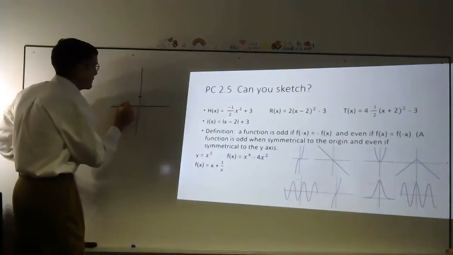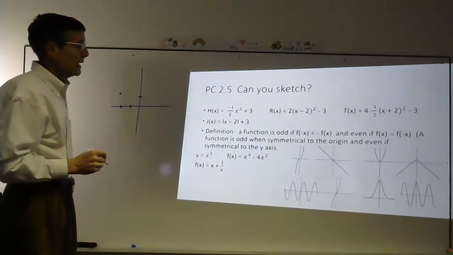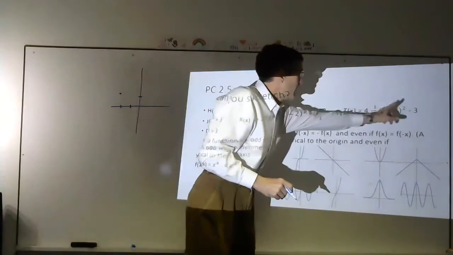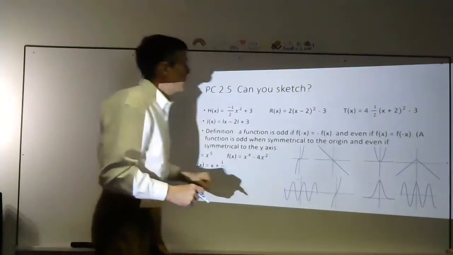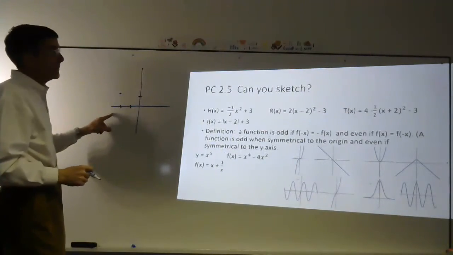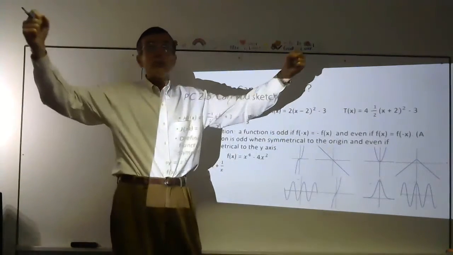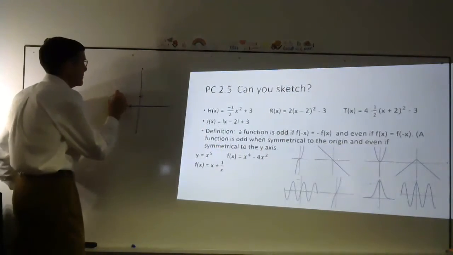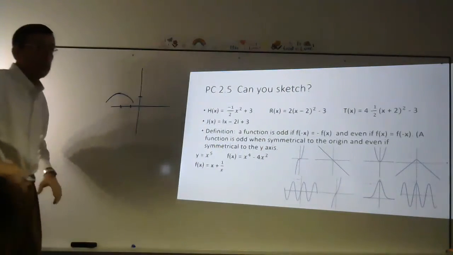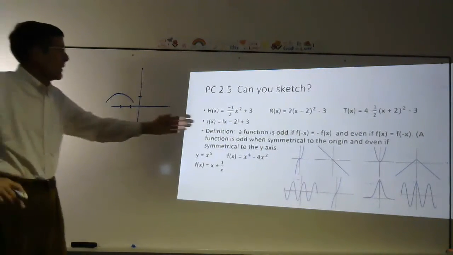So it's to the left 2 and up 1. Okay, let's do that again. 4 minus 3 was 1, up 1. Positive 2 with the x, 2 to the left, and then up 1. 1/2 makes it super wide. Negative sign flips it upside down. There it is. Okay?